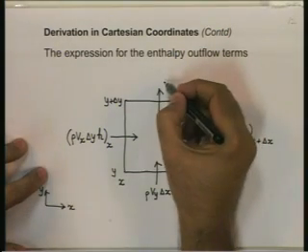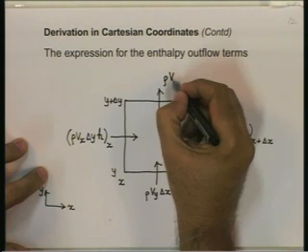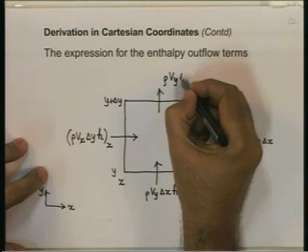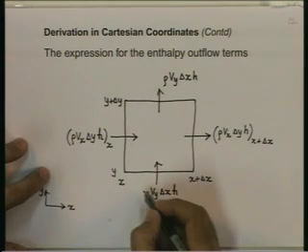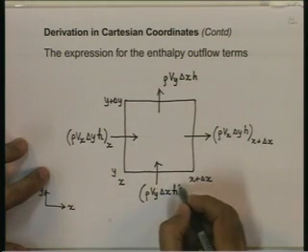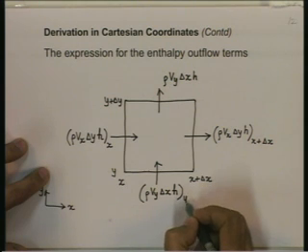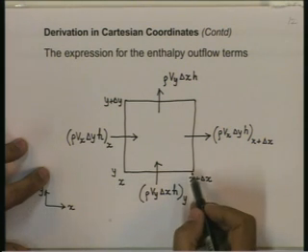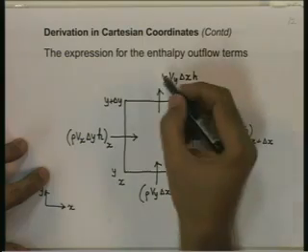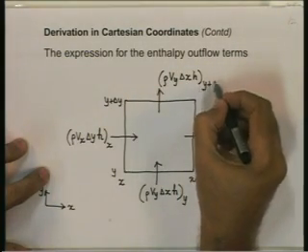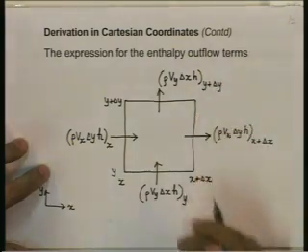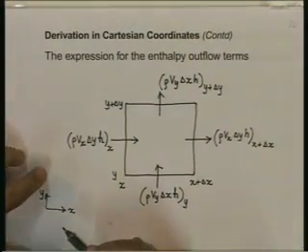And a similar term here, rho Vy delta x h. But the difference, this term is evaluated at y, the lower edge of the control volume. This term is evaluated at y plus delta y, which is the upper edge of the control volume.